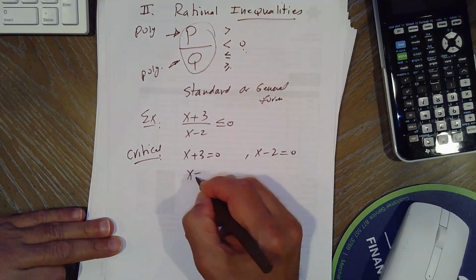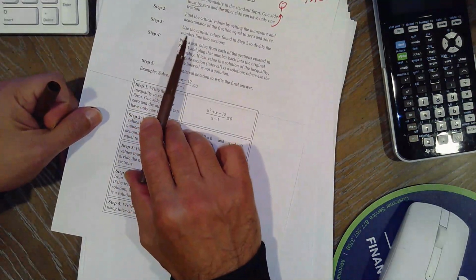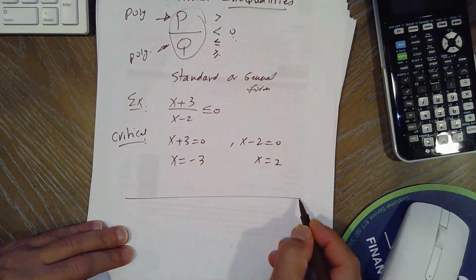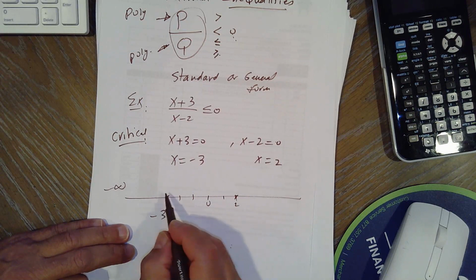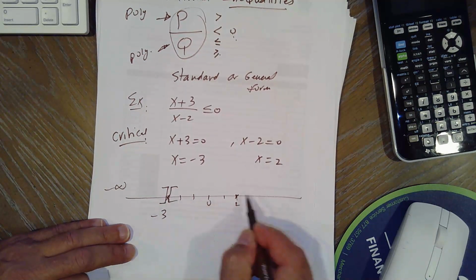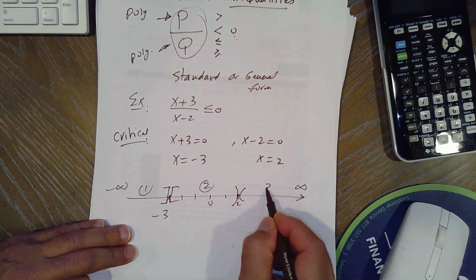So you get x equals negative 3 and x equals 2. Use the critical values to divide the number line into sections, just like we did in the quadratic case: negative infinity to negative 3, negative 3 to 2, 2 to infinity. 1, 2, 3.